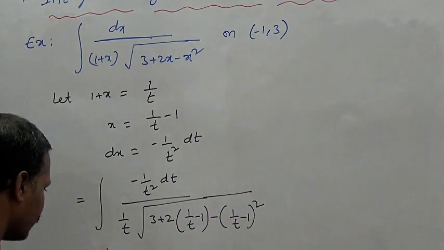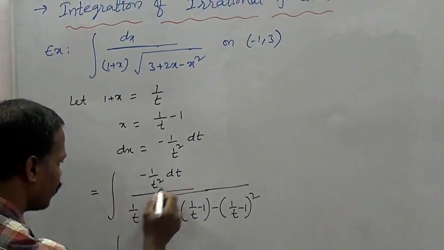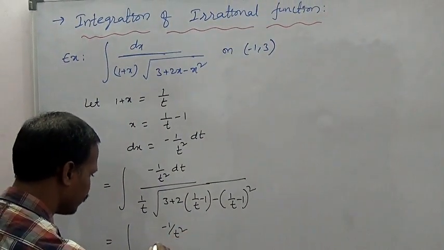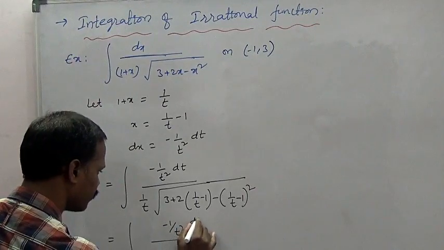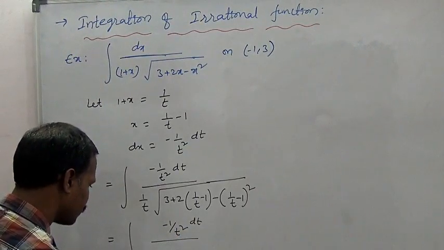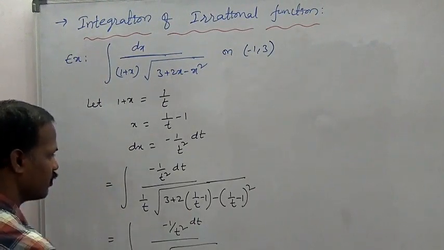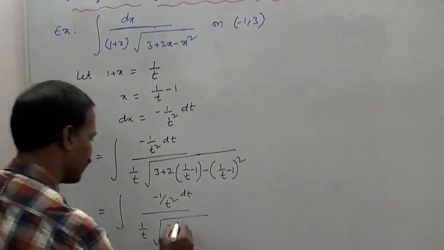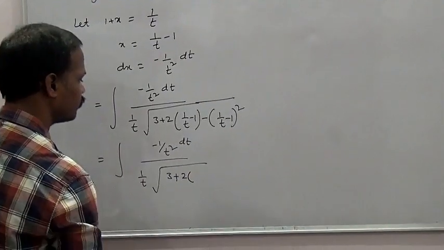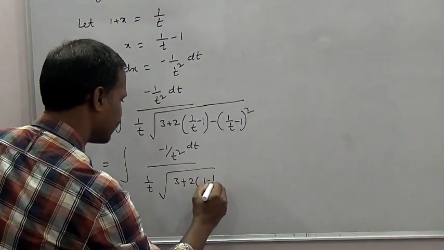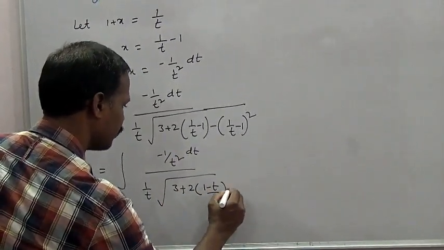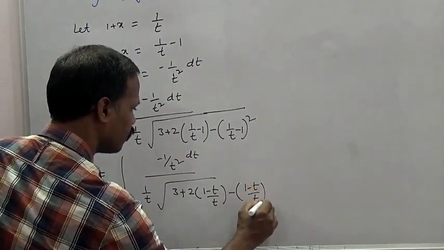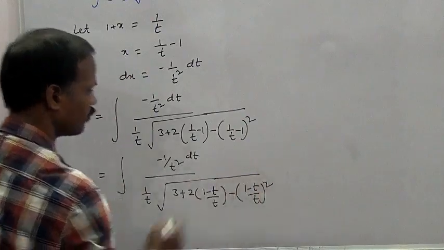So this is equal to integral minus 1 by t square by 1 by t square root of, simplify this, what you will get? 3 plus 2 into 1 minus t by t minus 1 minus t by t whole square. Okay?